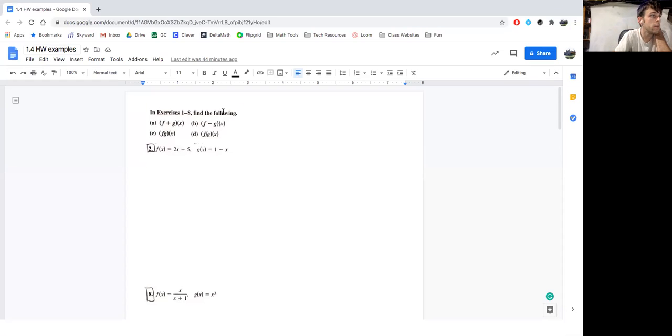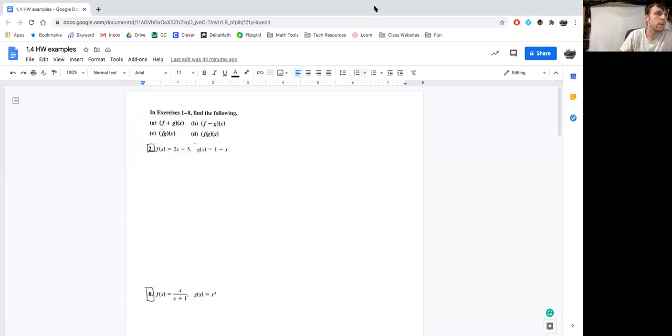All right, we're going to be going over some homework examples of how to combine functions in different ways. The first couple here are combining functions with addition, subtraction, multiplication, and division. You can notice the notation here and the way that these are written.